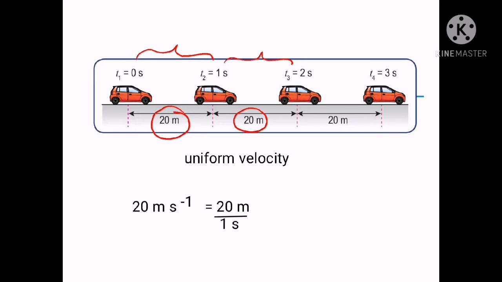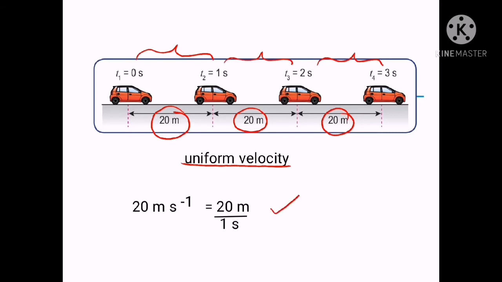And in another second, the car is still moving with another 20 meters. In this case, we can say that the car moves with a uniform velocity. In every 1 second, the car moves 20 meters. So the velocity here would be 20 meters per second.